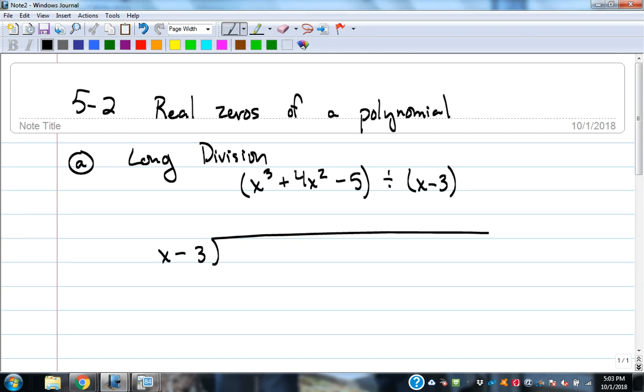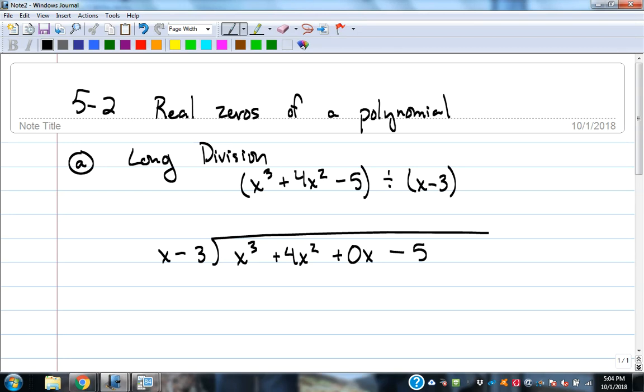So I got to have 4 terms in here, because a third degree polynomial has 4 terms. If there is one missing, you put a 0, whatever's missing in its place. Okay, so for this one, on the inside, I'm going to have x cubed plus 4x squared plus 0x, and then a minus 5. Okay, I put the 0x in there because it's missing from what you're dividing into, also known as the dividend.